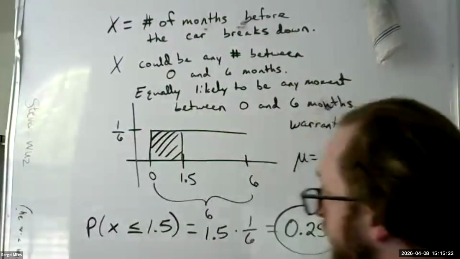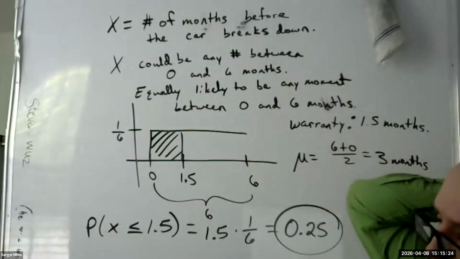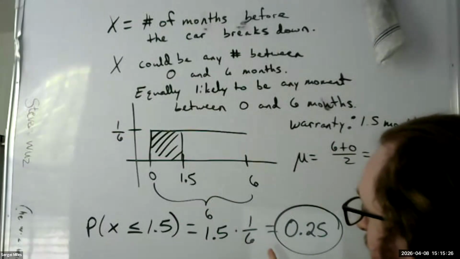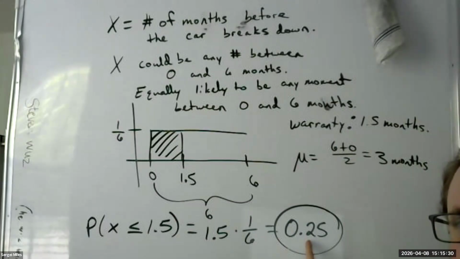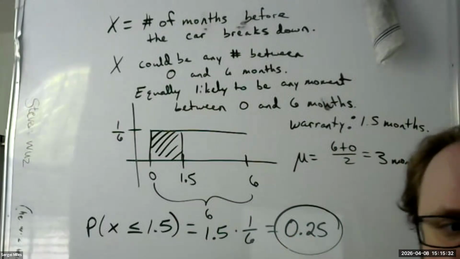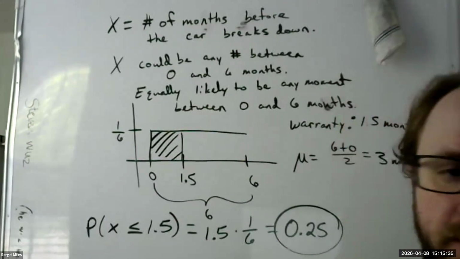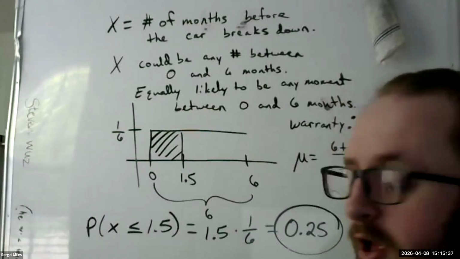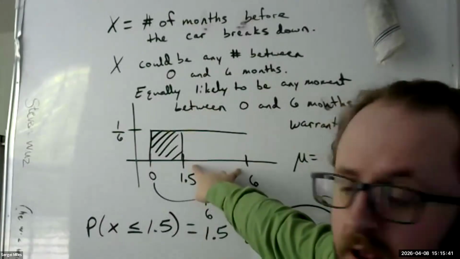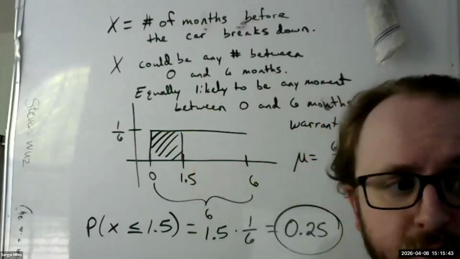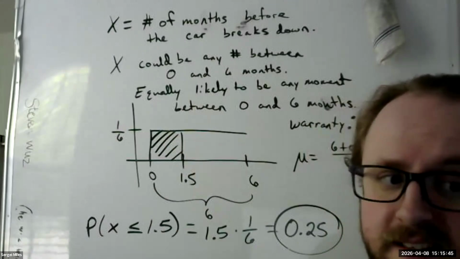So, yeah, for this salesman, there is a 25% chance that the car could break down while it's under warranty, and then the salesman would have to give the money back, right? But most of the time, the other 75% of the time, the car is going to break down after the warranty, and the salesman gets to keep the money.